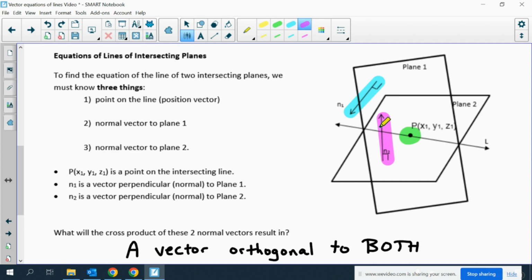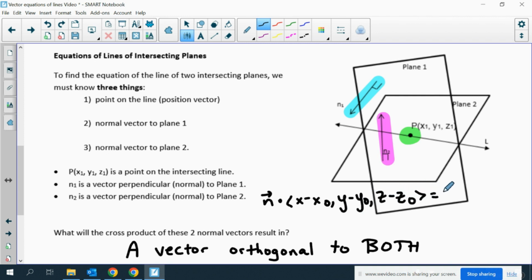Now the good news is when we have planes that are given to us, we know that in order to write the equation of a plane, we have a normal vector dot x minus x0, y minus y0, z minus z0, and that's equal to 0.